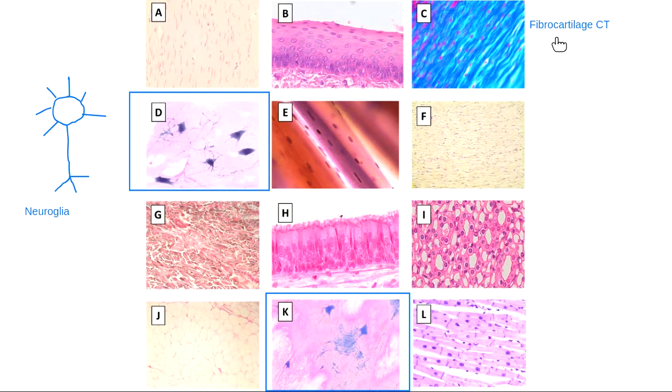When I'm looking at cartilage tissue, does anyone happen to remember the name of cartilage cells? Yeah, cartilage cells are called chondrocytes. Chondro always means cartilage. So in fibrocartilage connective tissue, these pink spots that I see inside of here are chondrocytes. They're cartilage cells.